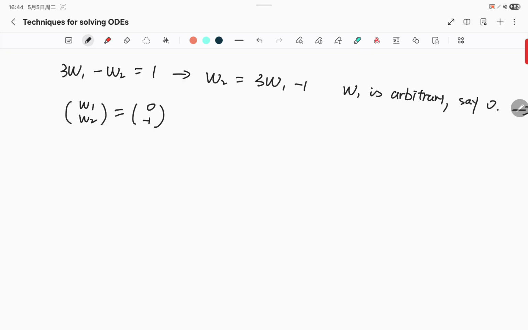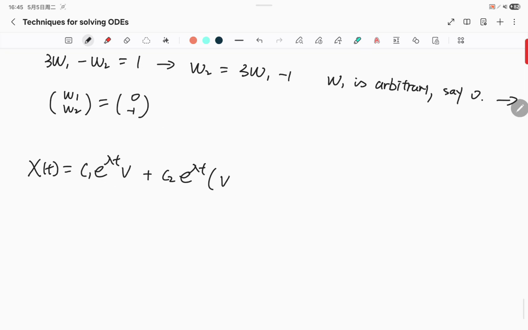Again, we can plug everything we just found into the template equation. This is the template equation: C1 e^(lambda t) V plus C2 e^(lambda t) times (V t plus W).